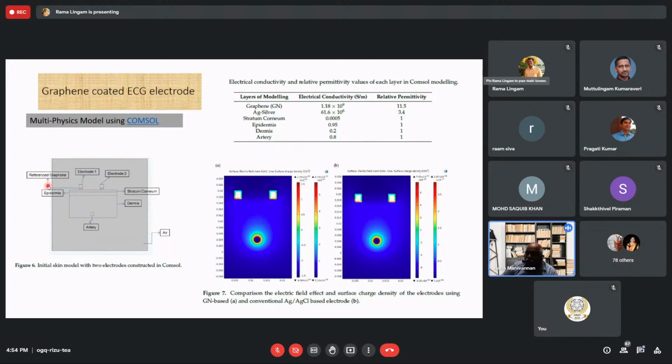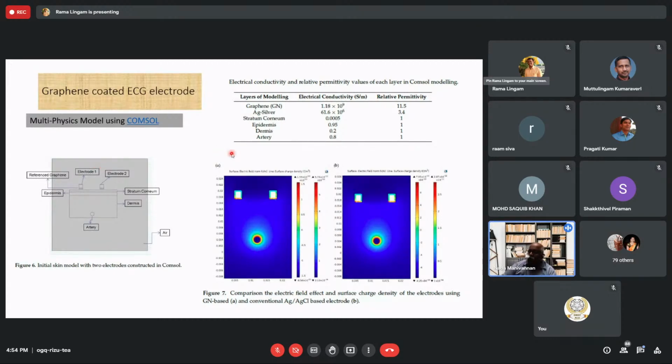My student found this skin model from another reference, with an artery, flesh, and terminology like epidermis, which are the terms used in the model. These are the different skin or flesh conditions, and each has a different conductivity. The table at the top right shows the conductivity used in the model.